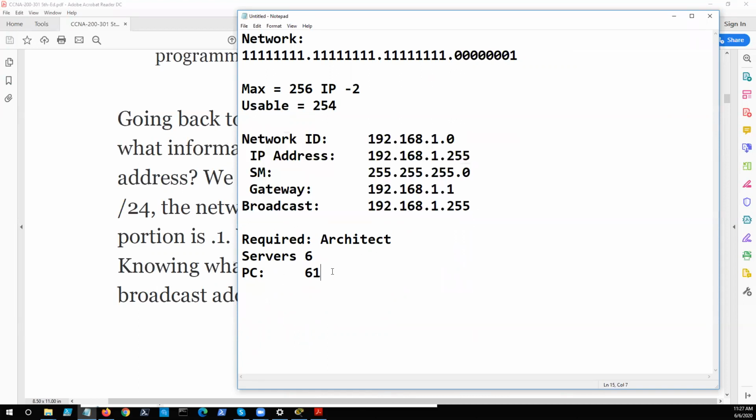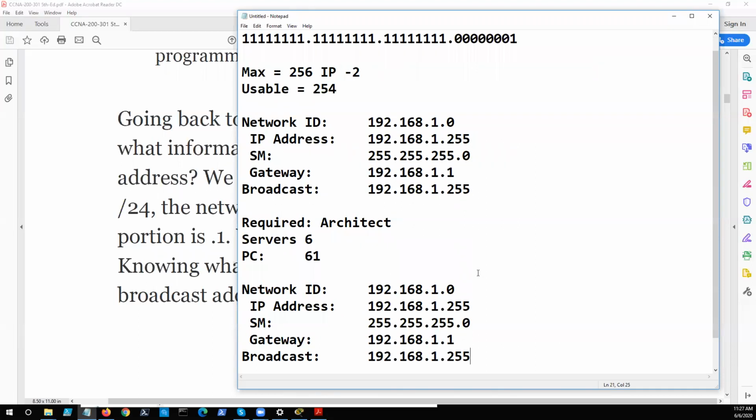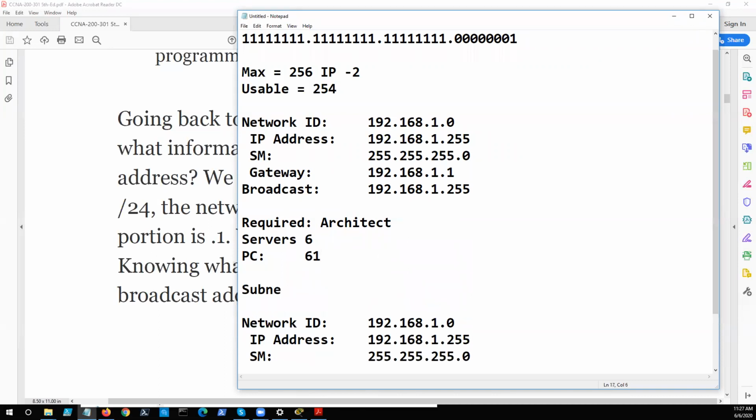So here it is, given: remember, you always start with 0 and end up with 255. So, applying subnetting. What is subnetting first?